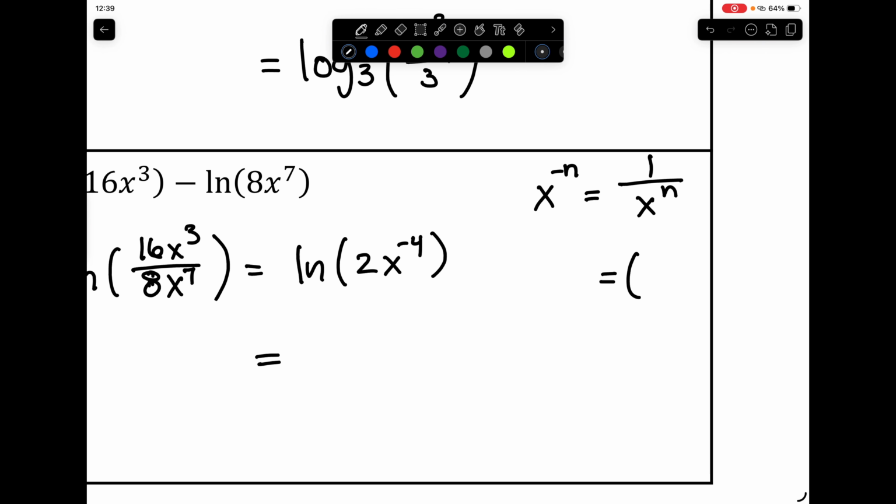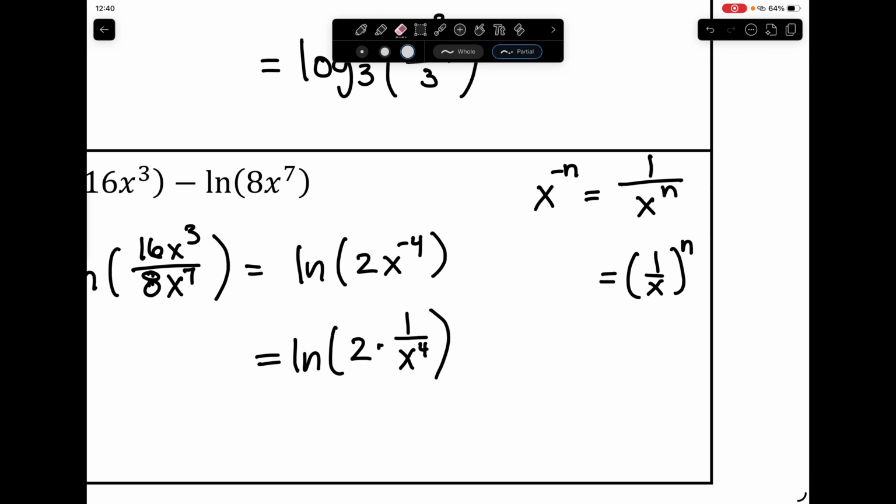Most books write it like this, 1 over x, and then it has the power of n like that. But that's the same thing as this notation here, so we're going to use this notation instead of this one, because we already have parentheses, we don't use too many. So I can write this as the natural log of 2 times 1 over x, and that changes the negative exponent of 4 to a positive exponent of 4.